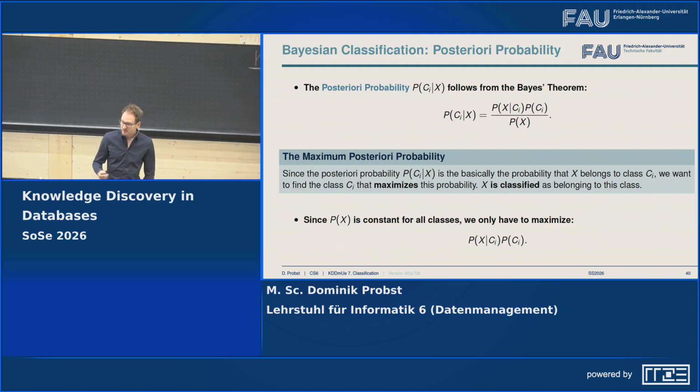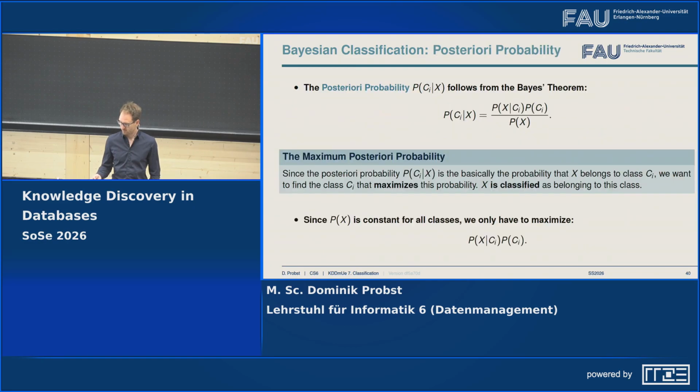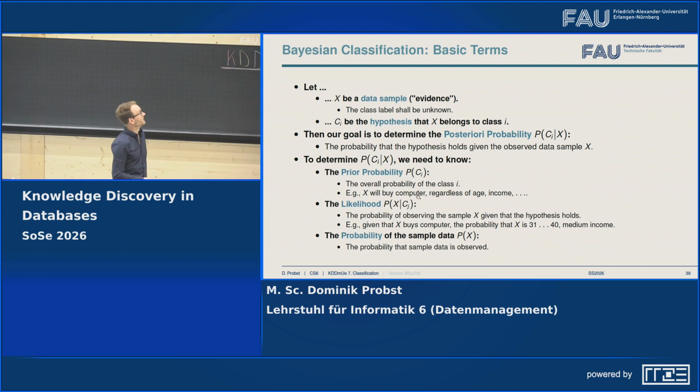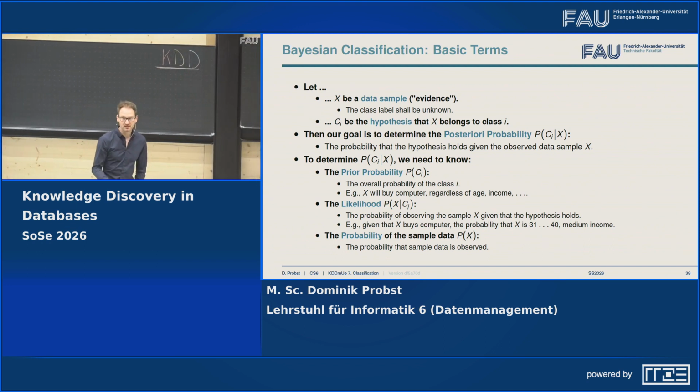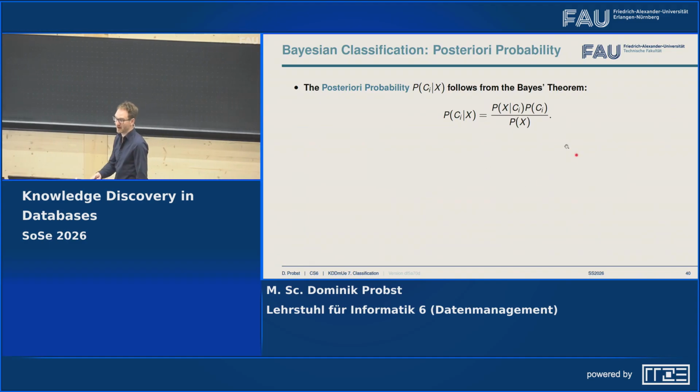Why is that important? Because the probability of a sample data is very hard to get. And that's why we try to skip it and try to maximize just the upper part of the posteriori probability.